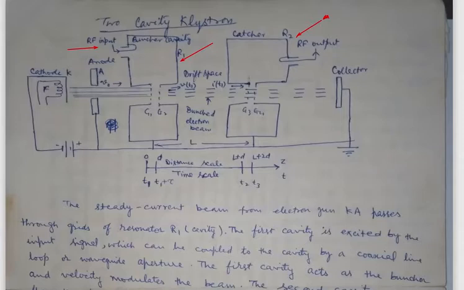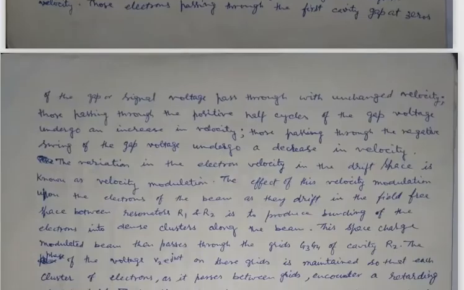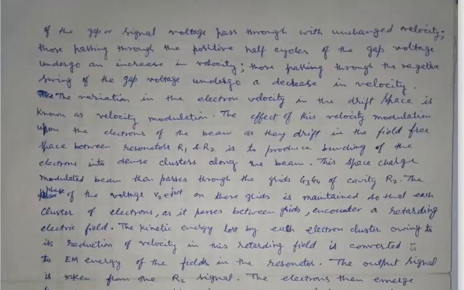Similarly, those electrons which cross the cavity gap at zeros of the signal voltage will move with unchanged velocity V0, and the electrons which pass the cavity gap during the negative half cycle, that is when grid G2 is at lower potential than G1, will be decelerated, meaning there will be a decrease in their velocity. In this way, the electrons which pass the cavity gap G1, G2 at different instants have different velocities, and hence the velocity modulation process takes place.